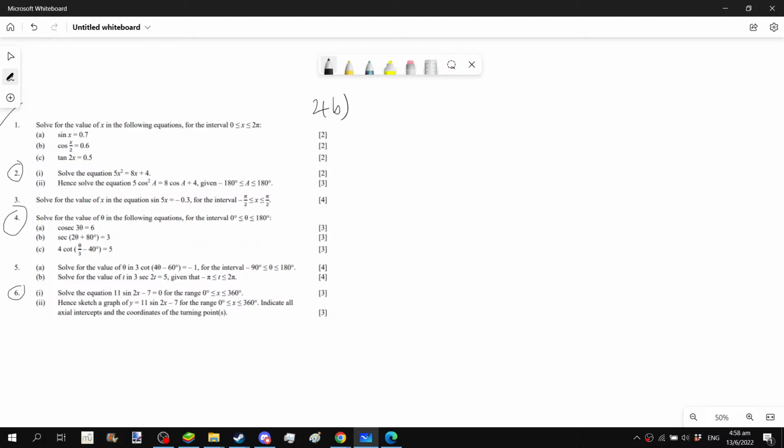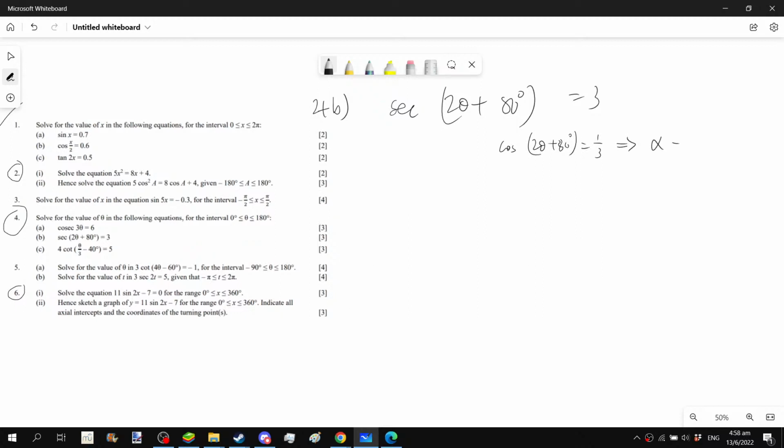Second problem is even uglier somehow. We are given that secant of 2 theta plus 80 degrees is going to give us 3. Right, so in this particular situation, what we will do is secant is 1 over cosine, so let's make cosine the subject first.